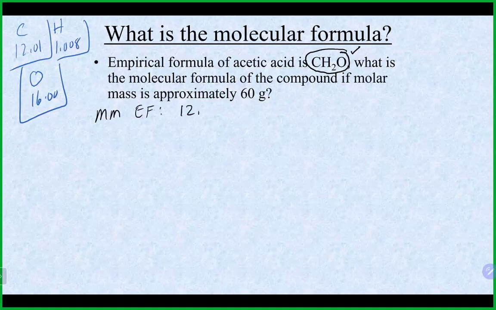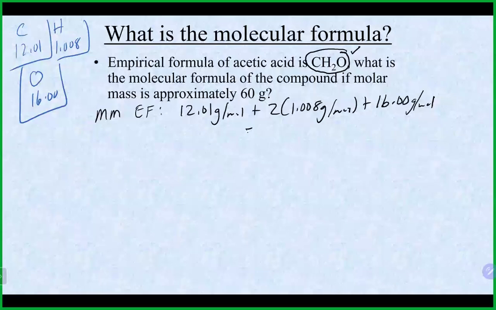There's 1 carbon at 12.01 in our empirical formula. There are 2 hydrogens at 1.008 from the periodic table. And there is 1 oxygen. That's going to give us a molar mass of that empirical formula of about 30.03 grams per mole.